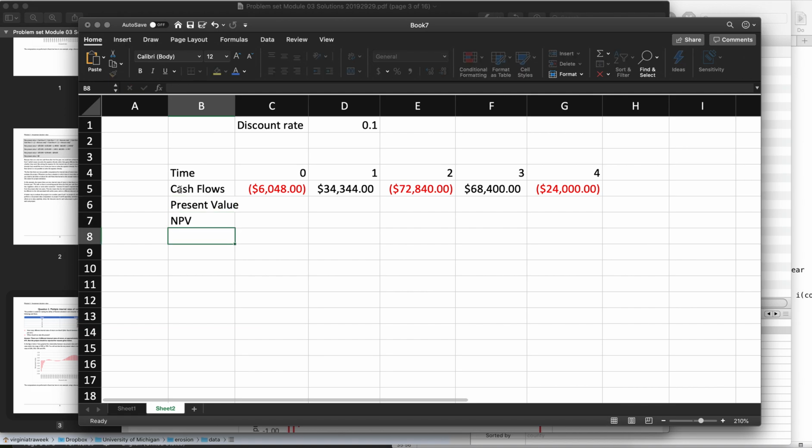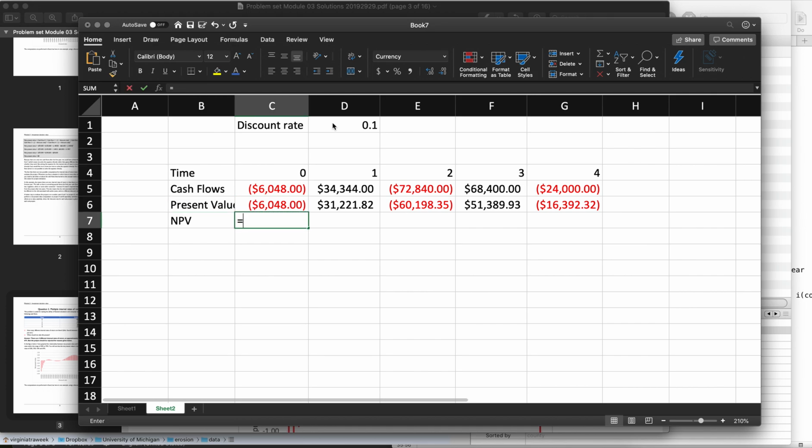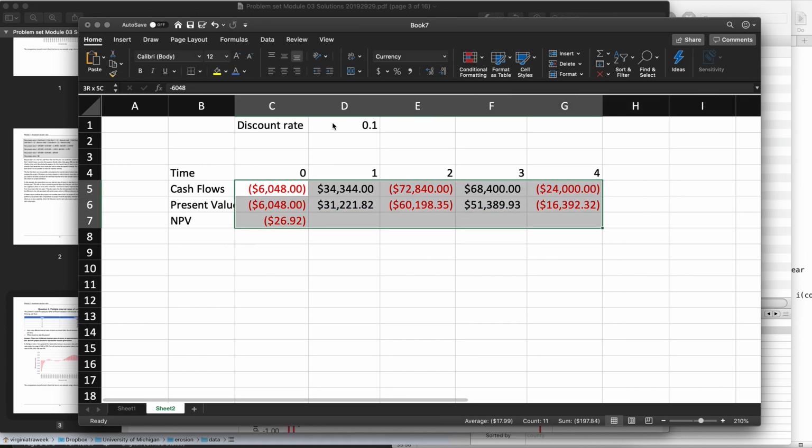And this is the net present value. Equals that divided by 1 plus the discount rate. Make sure you lock it to the power of 0. Drag that across. Take the sum. I'm going to get rid of all the zeros. Okay, there we are.